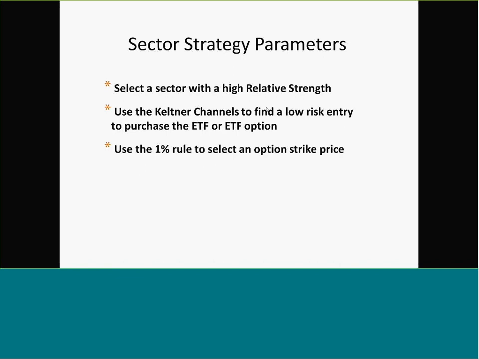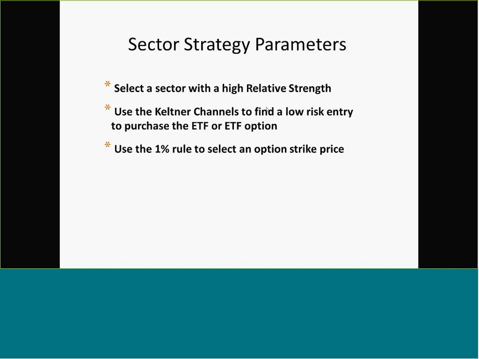So let's talk about the parameters we use to select sector trades. And first parameter is we want to select a sector with a high relative strength, and we're talking about bullish trades right now, and of course this works in reverse for bearish trades.